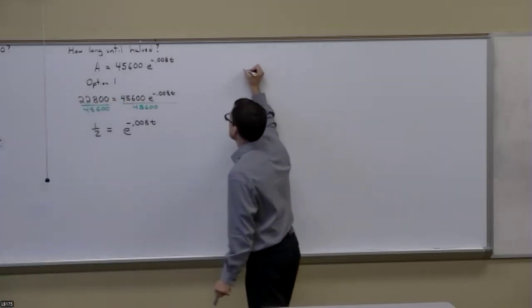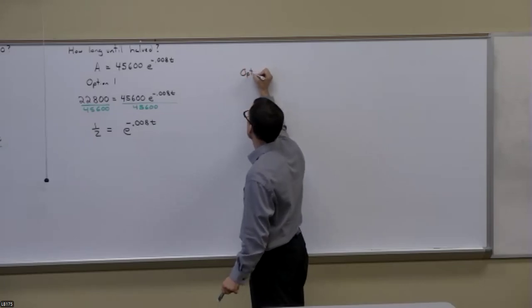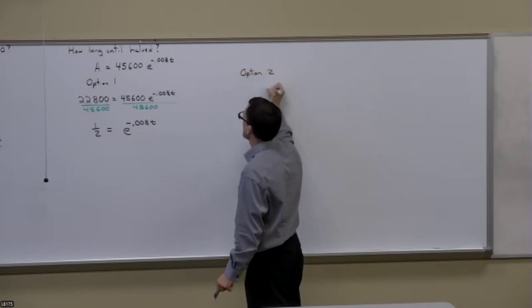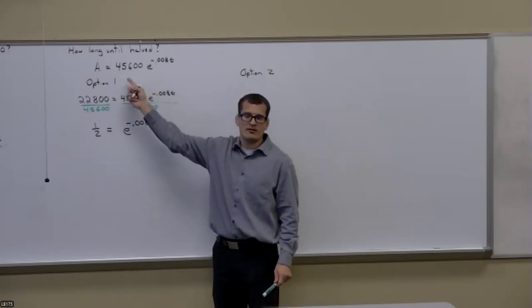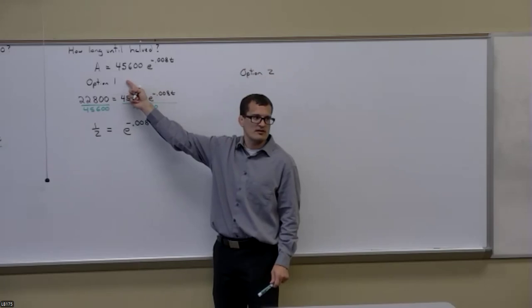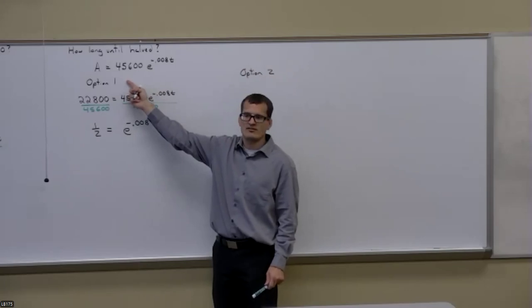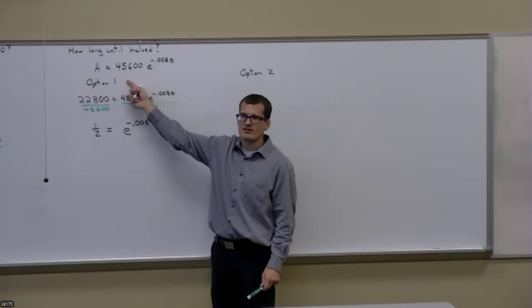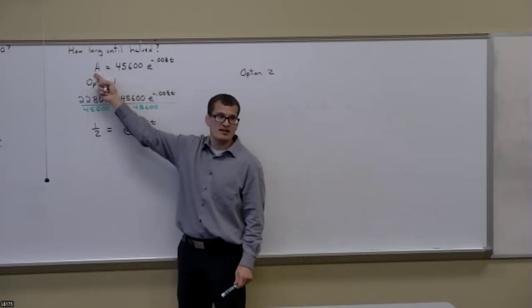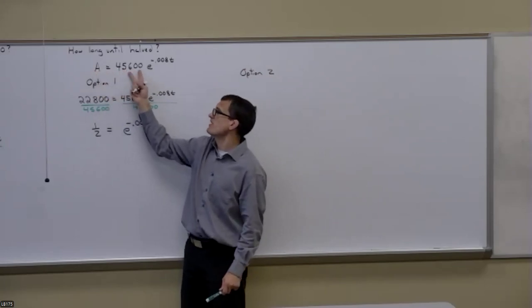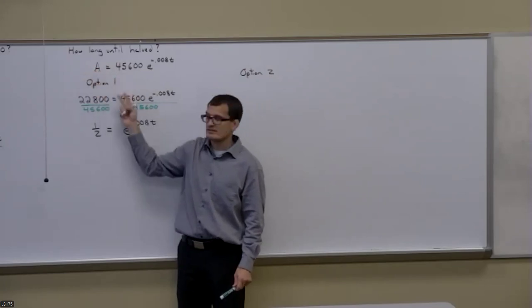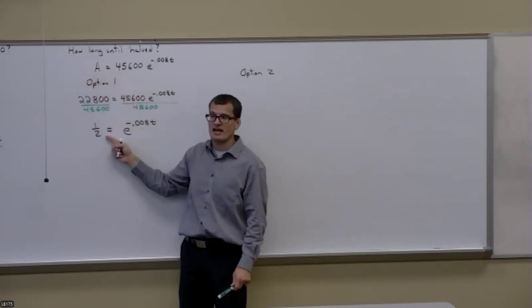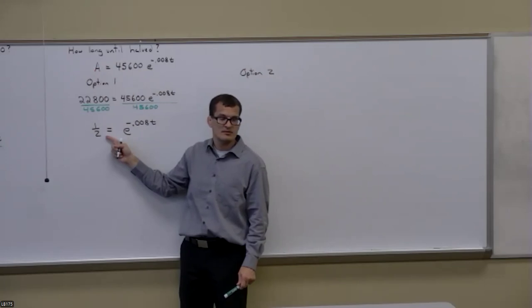My second option is realizing that was always going to happen no matter what I started with. Here I started with 45,600. This was half of that. If I would have started with 10 people, then I would have gotten an A of 5. And in this step, I would have ended up with a half. Do we follow that?